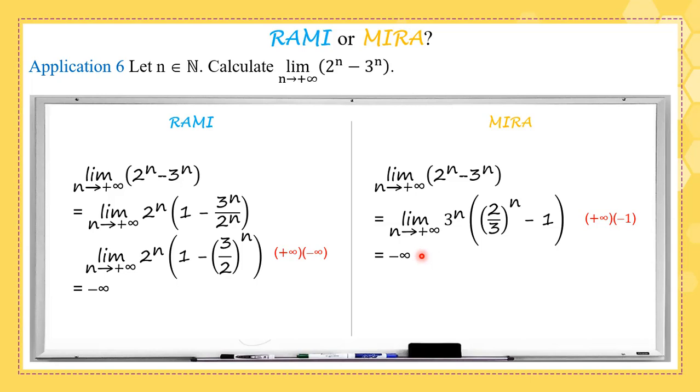I think both are correct. I prefer Mira's method in this case because the limit of 2 over 3 to the power n tends to 0, and it's easier to deal with zeros. Here the limit is infinity, and we might get some problems with infinities, whereas here the limit is 0. Well, again, both methods are correct, but I prefer Mira's method.